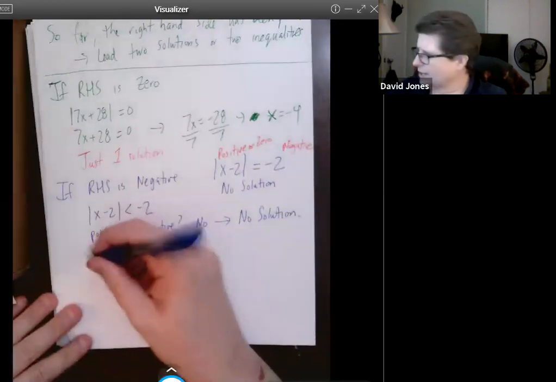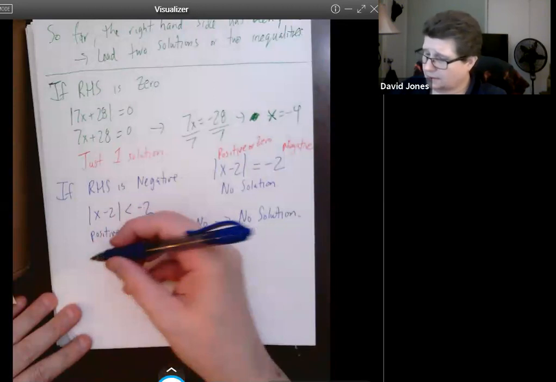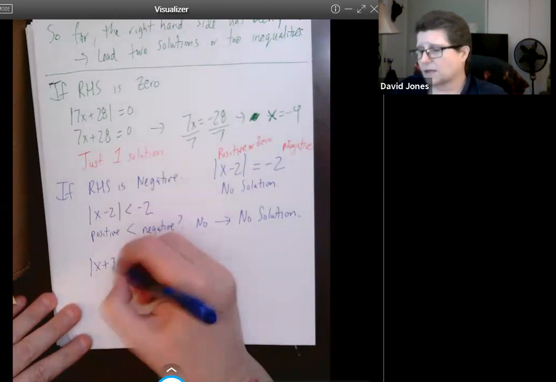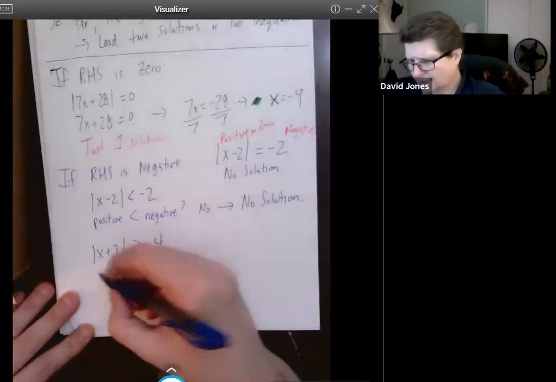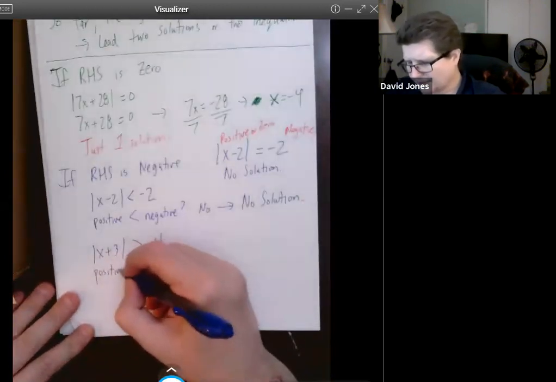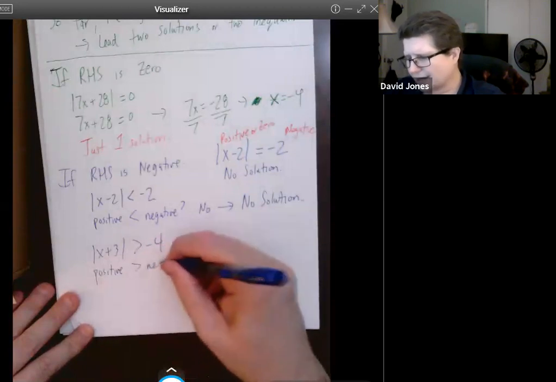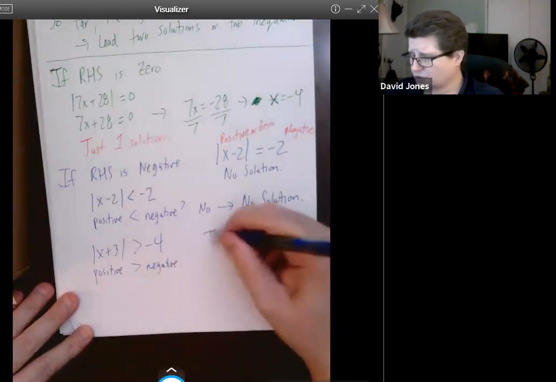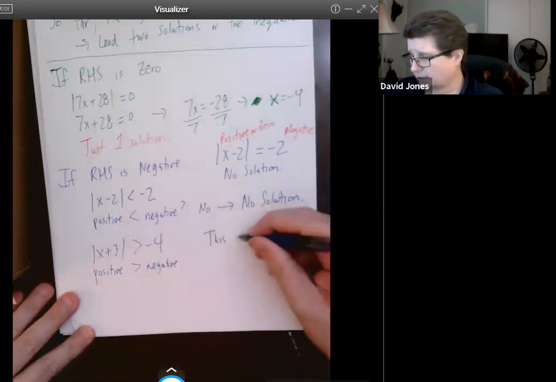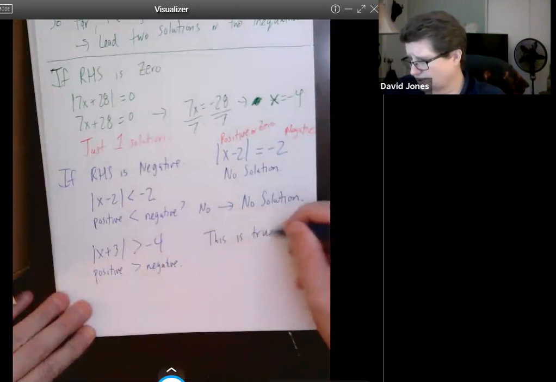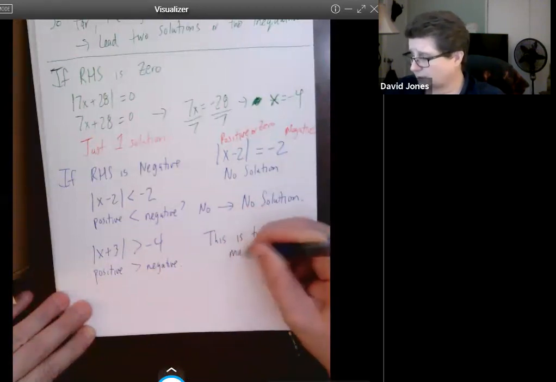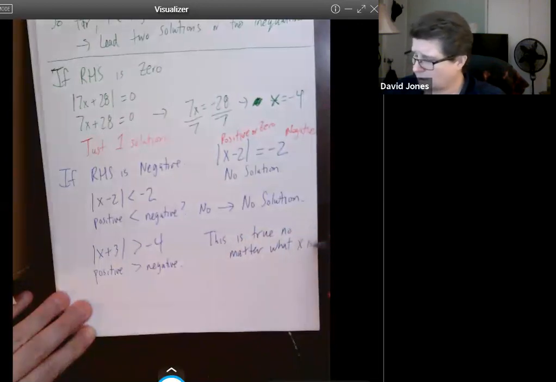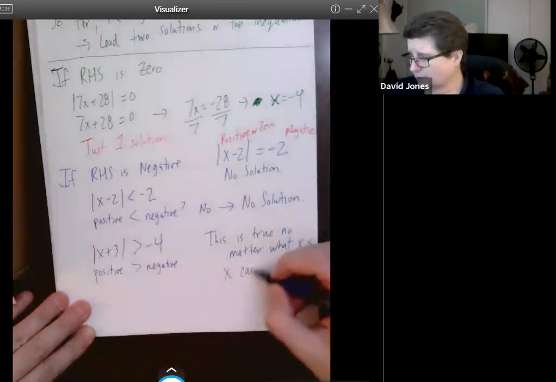If we have the greater than sign, well, here I've got a positive. The left side is positive, is greater than a negative number. This is true no matter what x is. So x can be any real number.